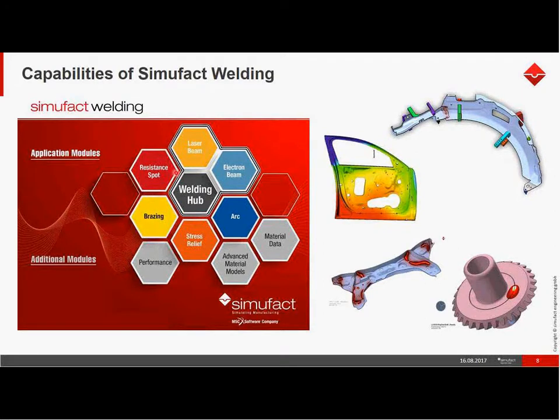And an additional module takes care of resistance spot welding, which is a little different from the other modules because it allows you to really simulate the movement of weld guns and also takes care of electrical effects inside a material.